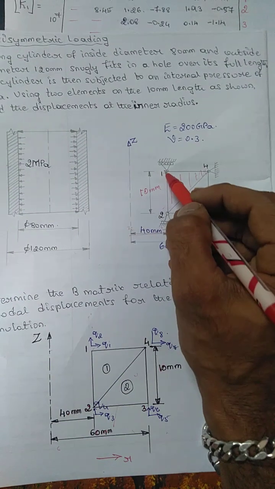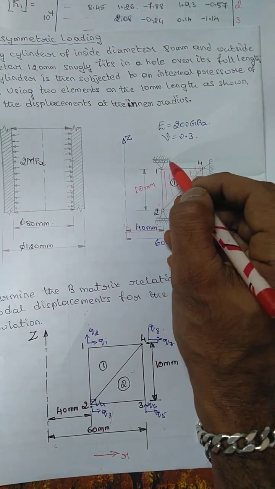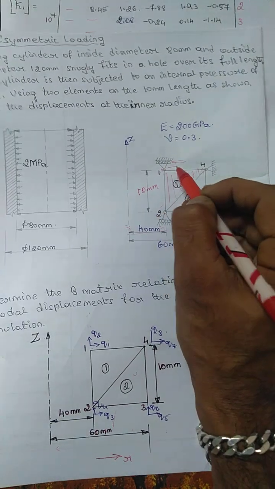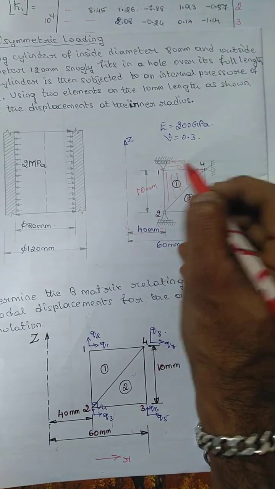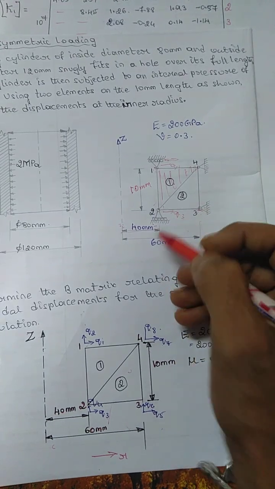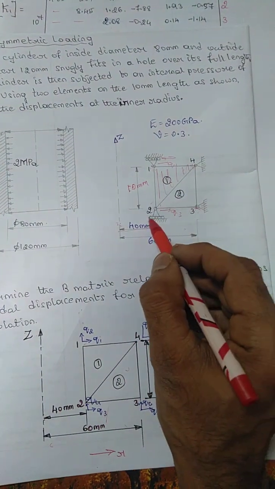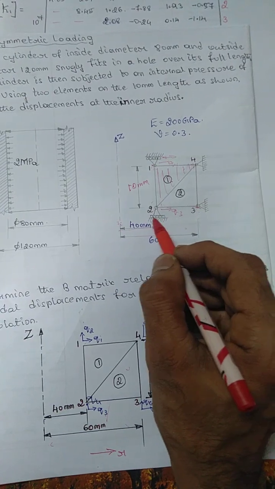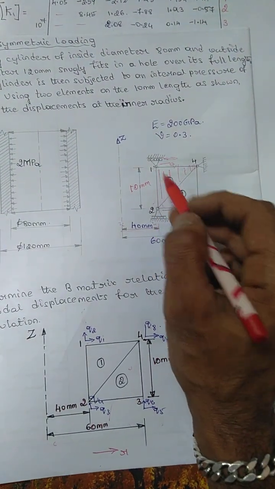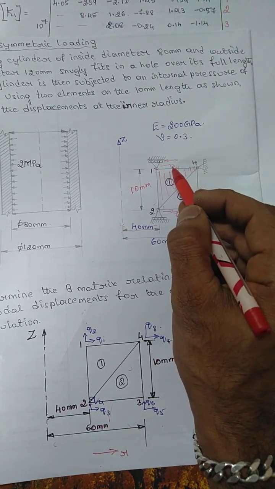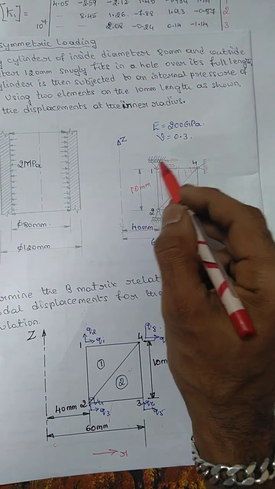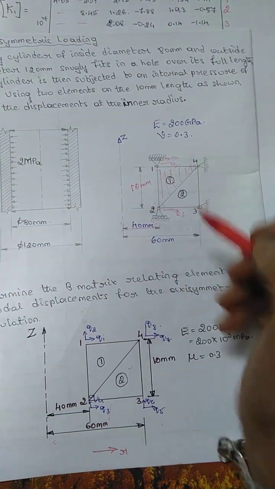Element 1, this side it can take sliding, that is Q1, and this is Q3, so this can slide this way, so there is no restriction. So displacement for 1 and 3 is allowed, and for any other there is no displacement.